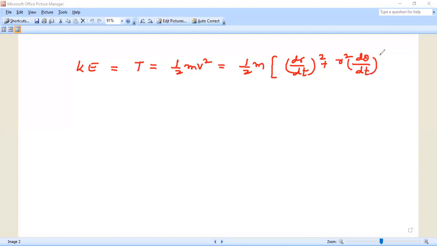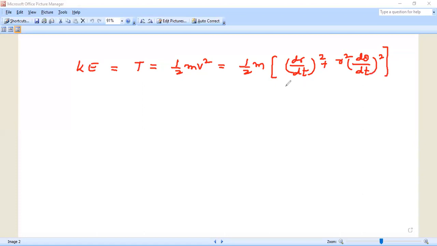You should remember this. The velocity magnitude v is equal to the root of (dr by dt) whole square plus r square (d theta by dt) whole square. Hence v square is equal to (dr by dt) whole square plus r square (d theta by dt) whole square.